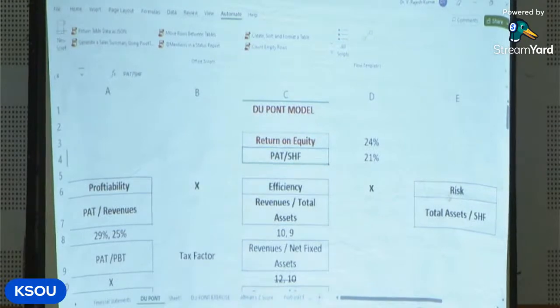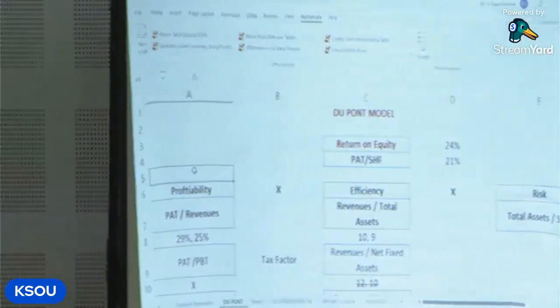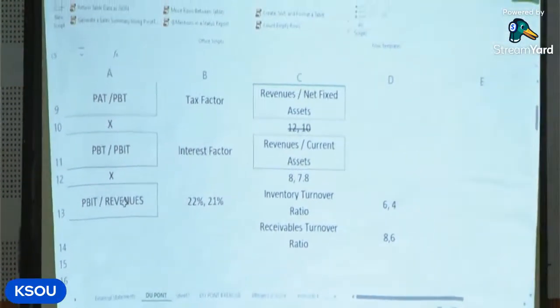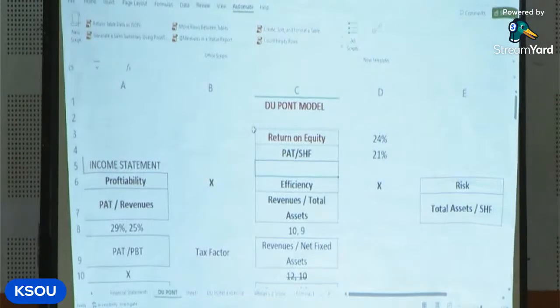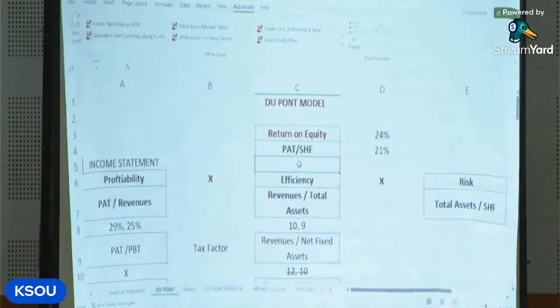What all has been captured? Observe now, friends. Everything about profitability, whatever we calculated, is relating to what? Income statement. Correct? Whatever we analyze about profitability is all found where? In income statement. How about efficiency?